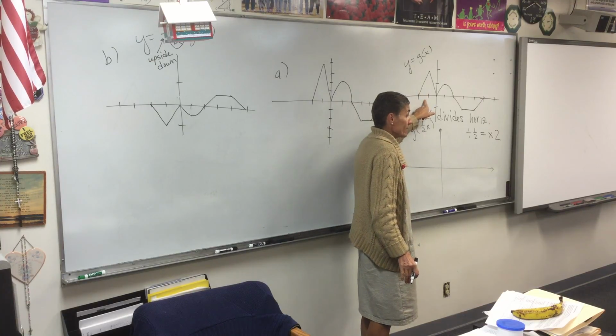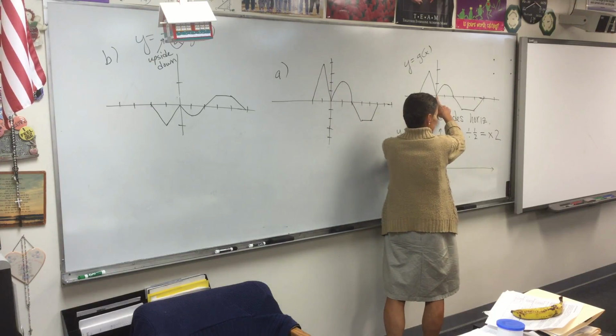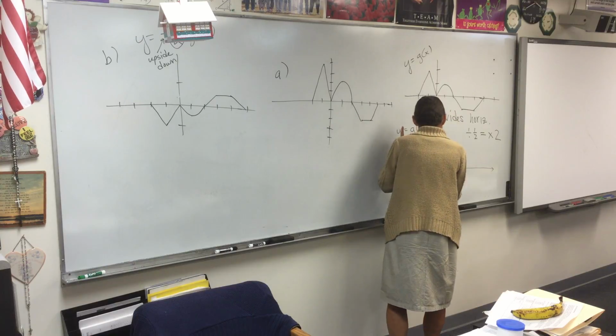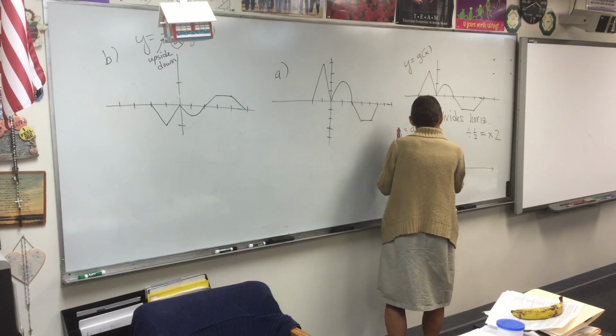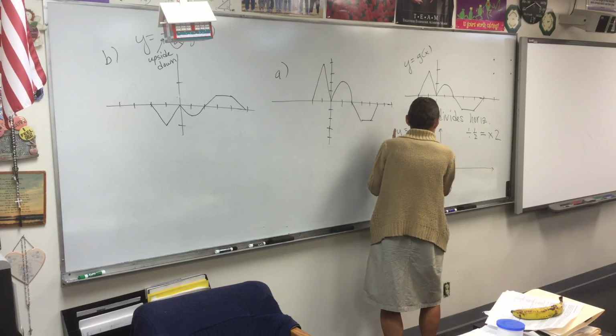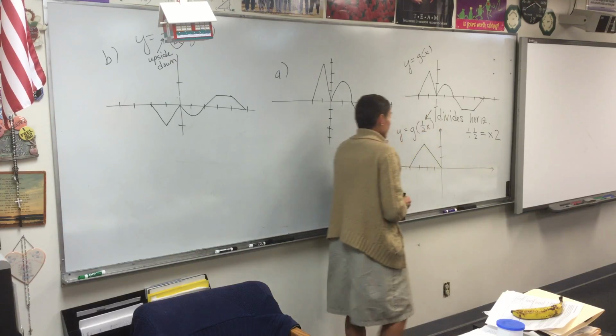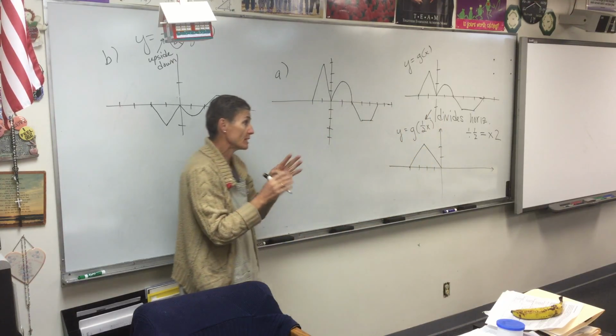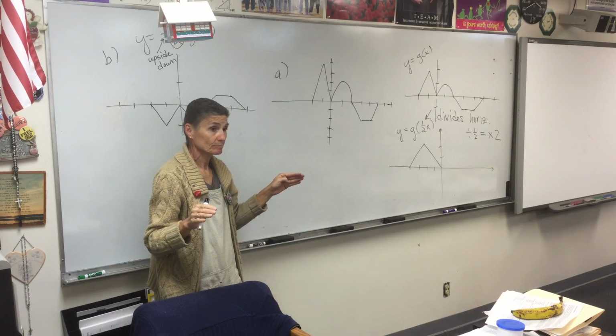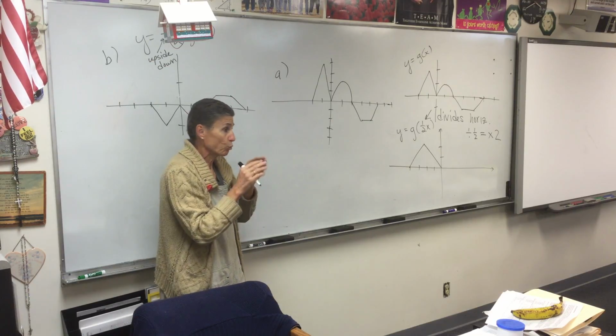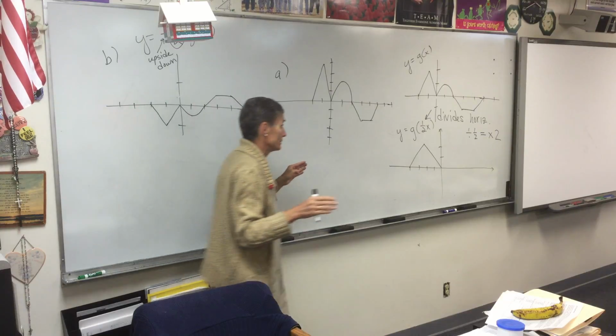See this little triangle right here? How wide is he? 2. He's now going to be 4 units wide. He is the same height, but now he's 4 units across the bottom. He's twice as wide.